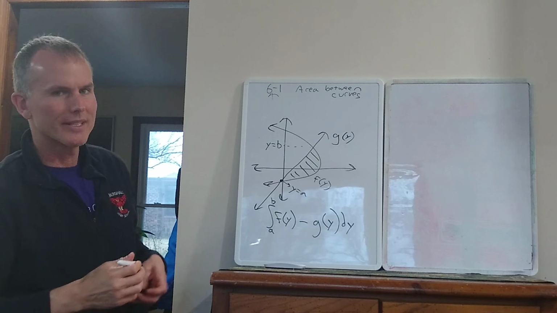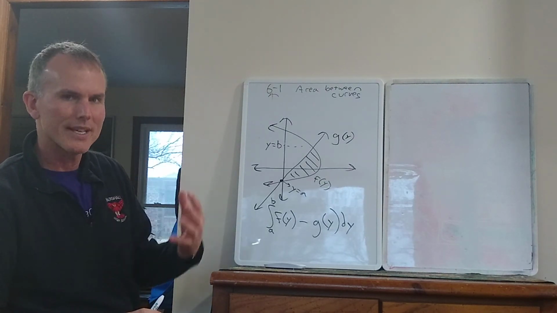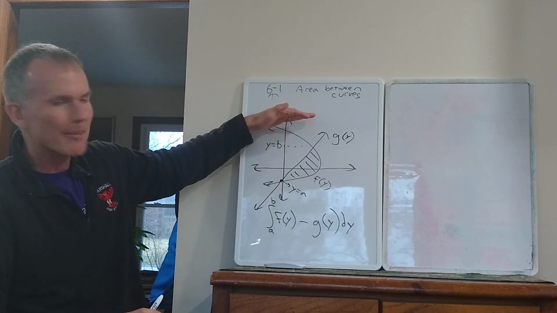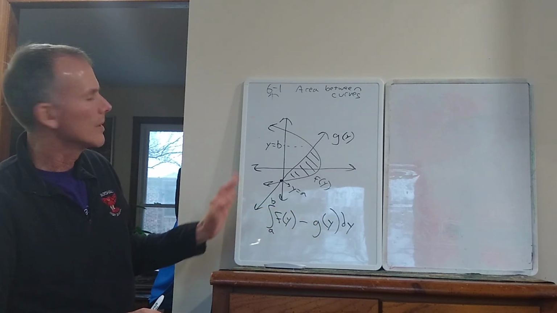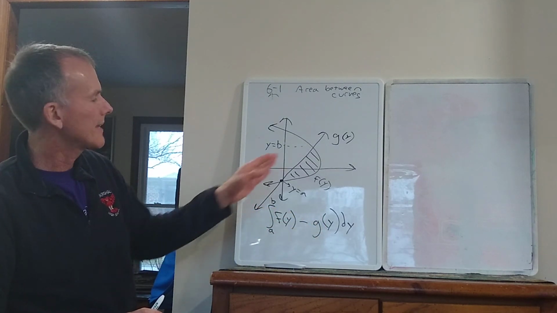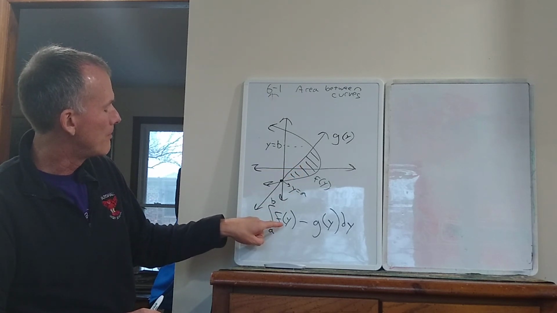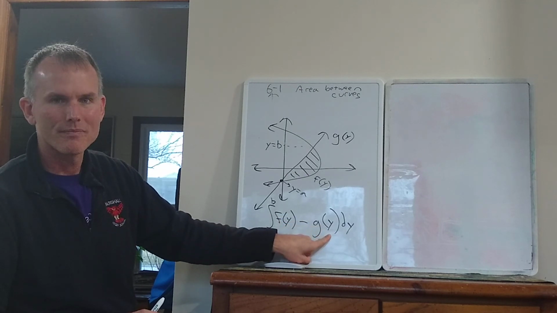Just like when we were integrating with respect to x, we always integrated the top curve minus the bottom curve. When we're integrating with respect to y to find an area between two curves, we integrate the rightmost curve minus the leftmost curve.